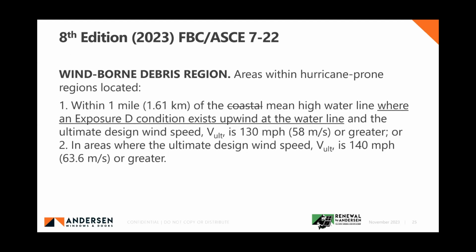But let's just look at it real quick and understand the implications. On the surface, on the face of it, it looks like a minor change. We deleted the term coastal and then added language where exposure D conditions exist upwind at the waterline, and the wind speed is greater than 130. Okay, so it's just that zone between 130 and 140 where this change affects the windborne debris region.